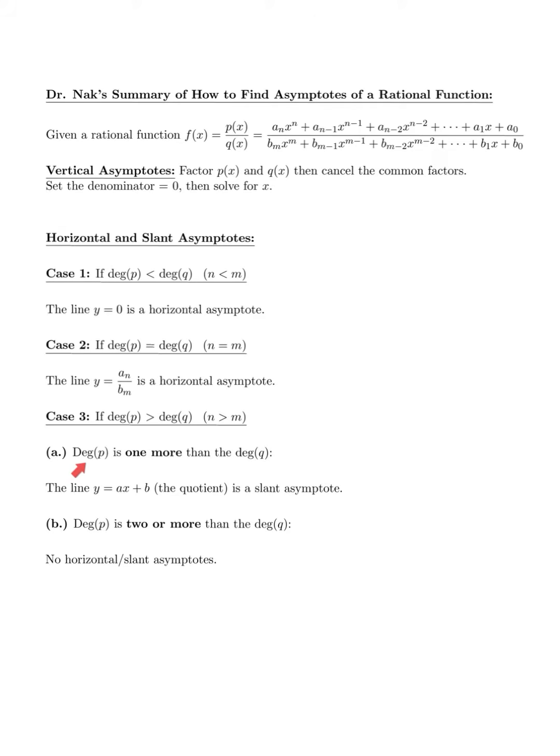If the degree on the top is 1 more than the degree of q, the bottom, then the line y equals ax plus b, which is the quotient when you divide the top by the bottom, is a slant asymptote. Now case B, if the degree of the top is 2 or more higher than the degree of the bottom, then we're not going to have any horizontal or slant asymptote.